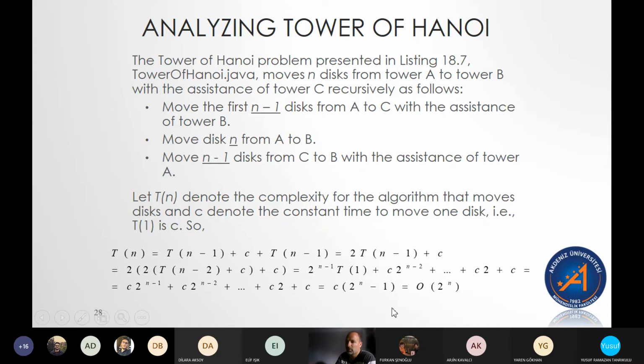Now we're showing how to do that through an equation. This becomes 2c times 2 to the n minus c. If we do the distributive property, this non-dominating term we just cancel out. We ignore the multiplicative constant, and we end up with some 2 to the n, right? Big O of 2 to the n.